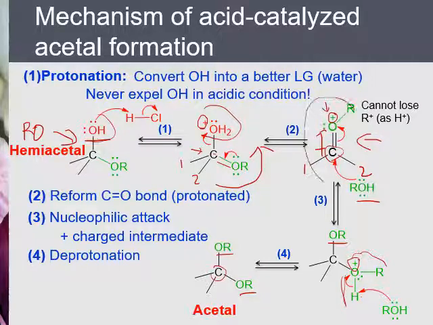Here we reform a C-O double bond, and at the same time the leaving group leaves. And then the third step is the nucleophilic attack. That's the step to add the second alkoxide. But when you add the whole alcohol molecule, the proton needs to be deprotonated, and that's the last step to give you the acetal.